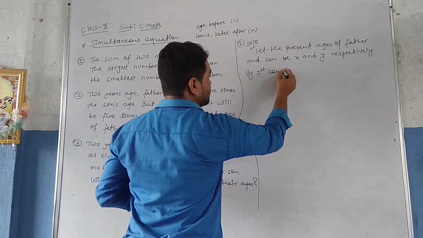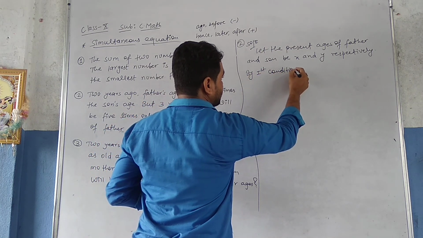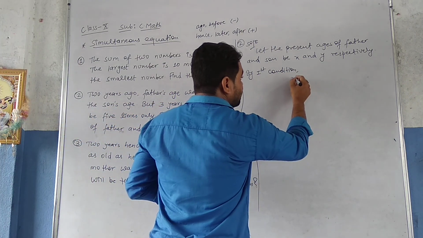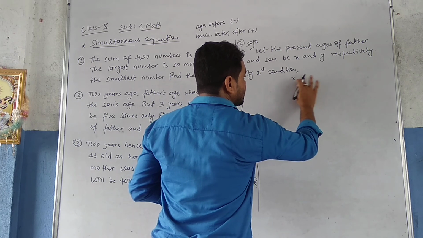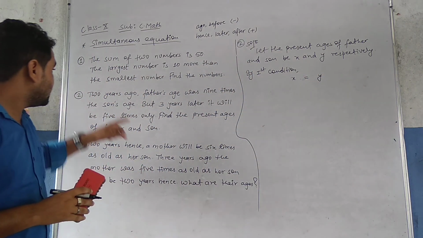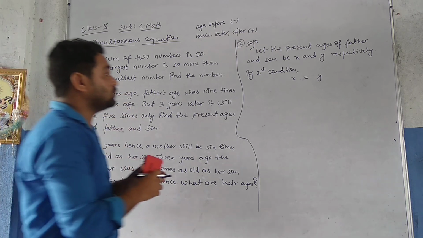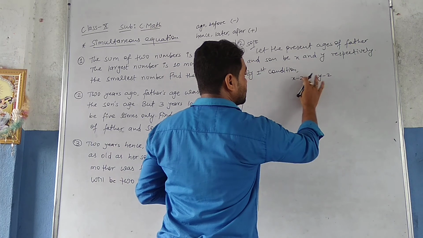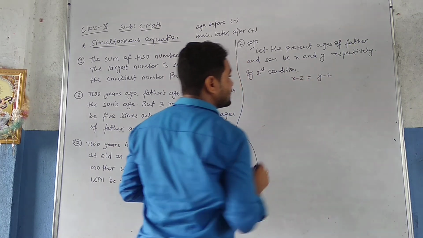we can make the equation for father and son. Now it is given that 2 years ago, so ago means minus 2.